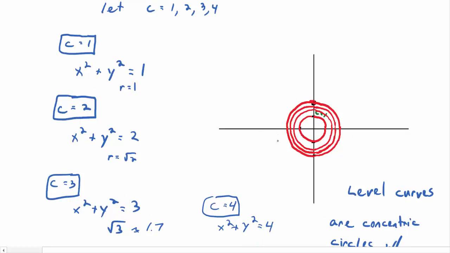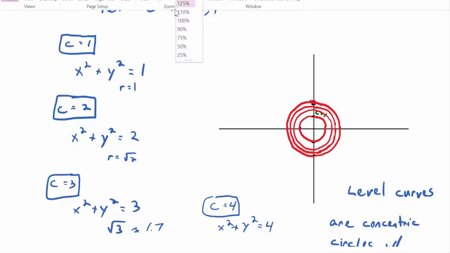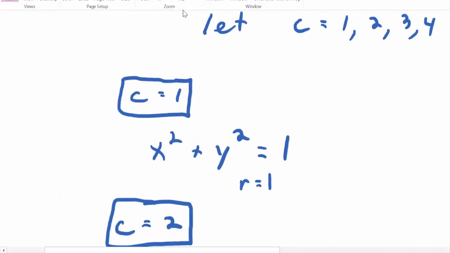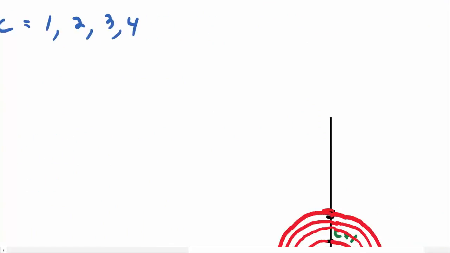Now the problem with level curves is I don't know if that bowl is upside down or right side up, right? Actually, there are ways to tell, but just looking at it like this, sometimes it's difficult to tell. And if I wanted to label properly, since I didn't make the picture big enough, let me use a really small pen here.